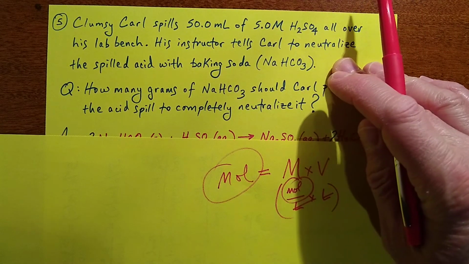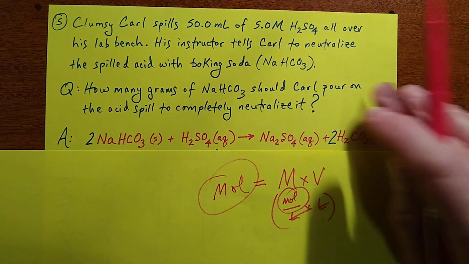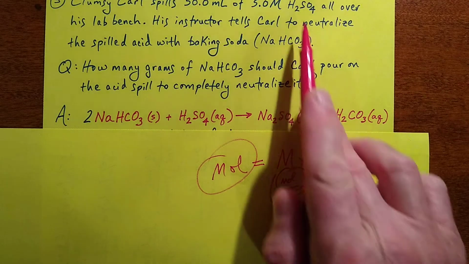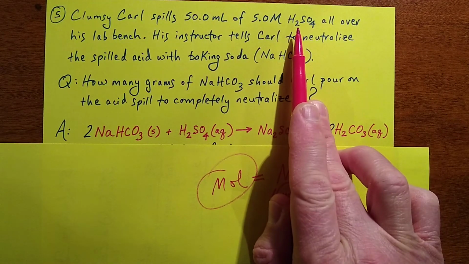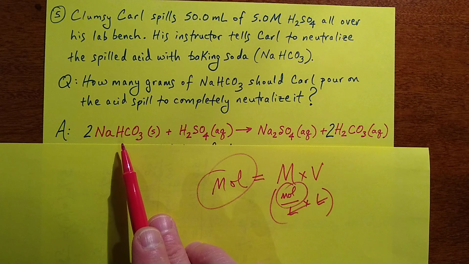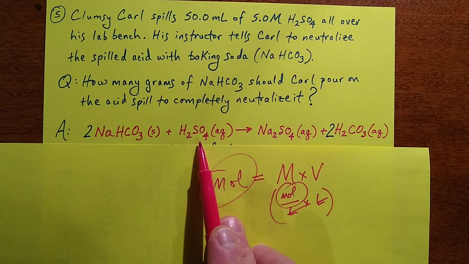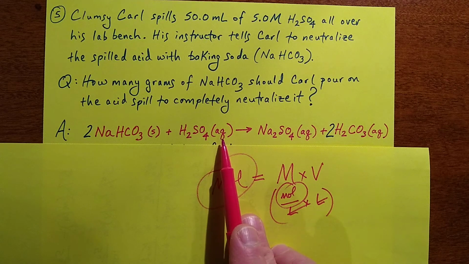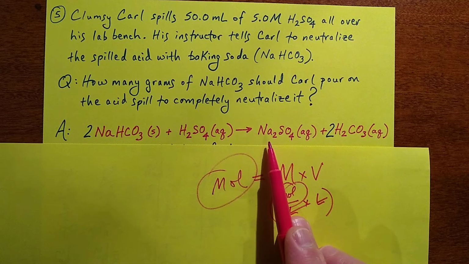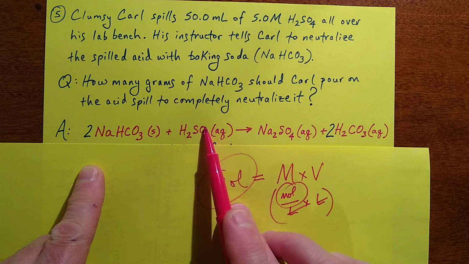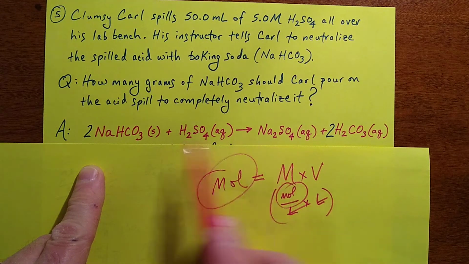So the first thing you have to do, if you remember, is always write a balanced reaction. The balanced reaction that's going to occur when you mix sulfuric acid with sodium bicarbonate is this one. 2 moles of sodium bicarbonate solid plus 1 mole of H2SO4 aqueous, concentrated sulfuric acid, will give you, it's a double displacement reaction, sodium goes with sulfate to give you sodium sulfate.